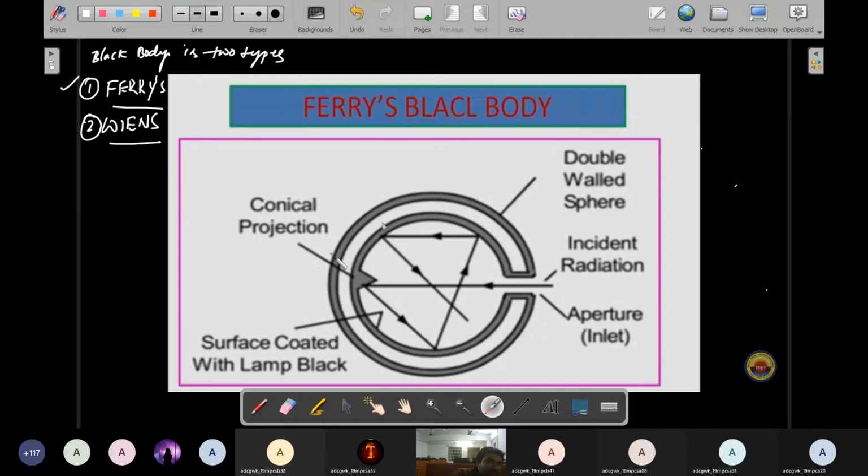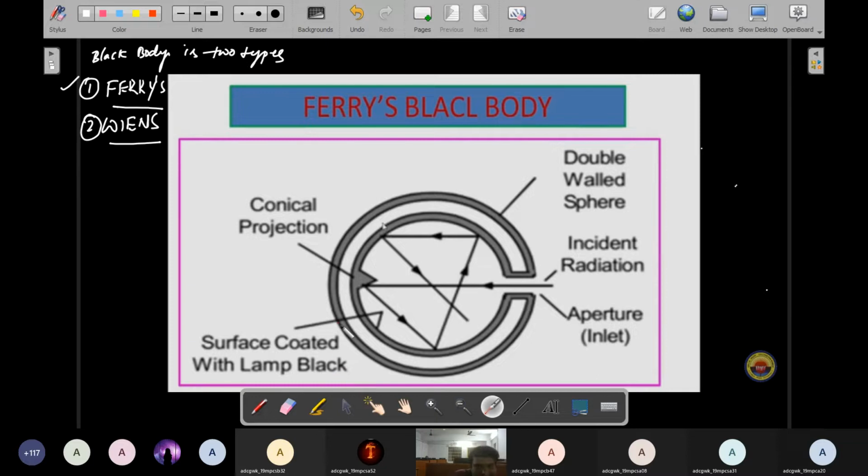Inside is one sphere and outside is another sphere, so it is a double walled sphere. The inside surface is coated with lamp black, that is called lamp black coating. Lamp black means a complete black color coating inside.